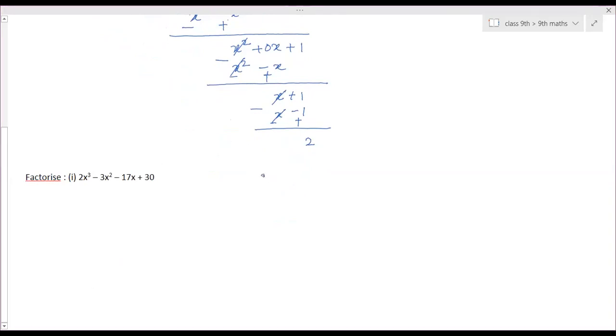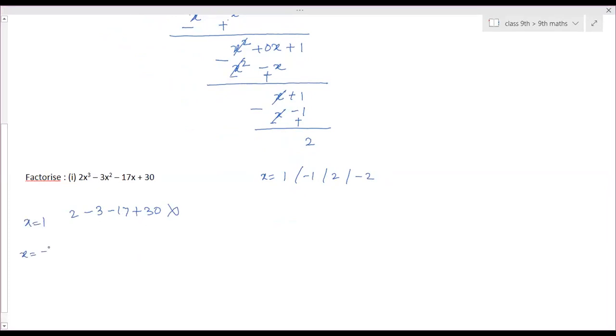So substitute x is equal to plus 1 or minus 1 or 2, minus 2, anything, and then 3, minus 3. So you have to keep on checking. Just check with first 1. So substitute x value as 1. So it will become 2 into 1 is 2, minus 3, minus 17 plus 30. Is it possible? No, it's not possible. x is equal to 1 is not possible.